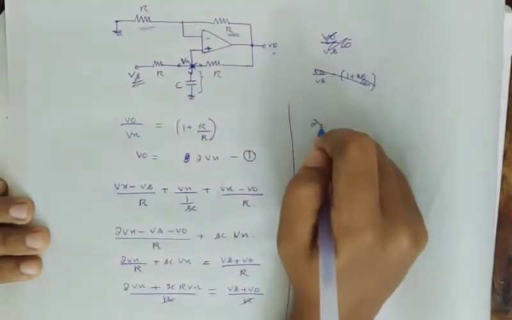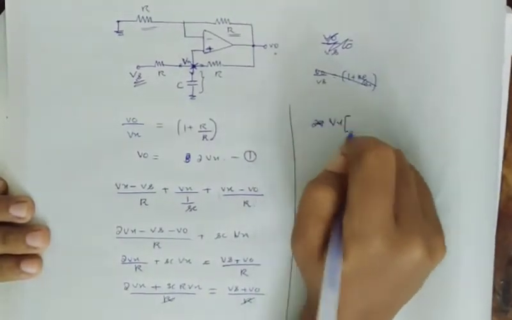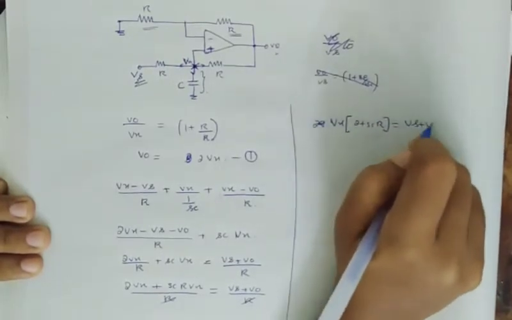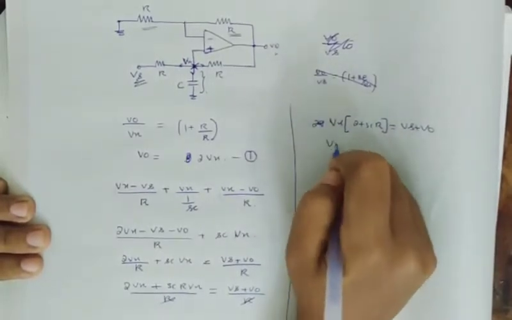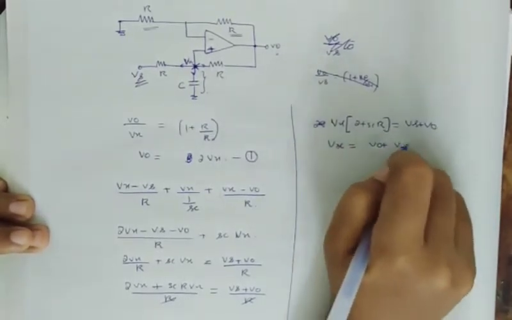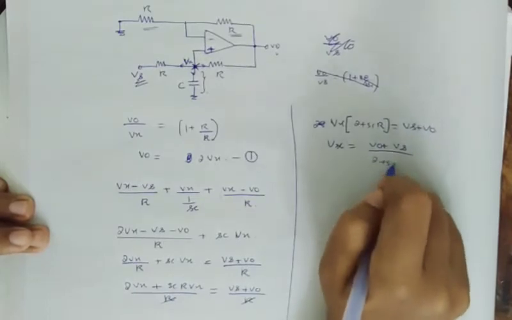I'll take Vx outside, and I'll get Vx times 2 plus SCR equal to Vs plus V0. And Vx I can write as V0 plus Vs divided by 2 plus SCR.